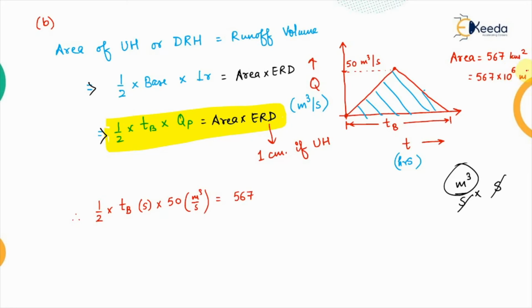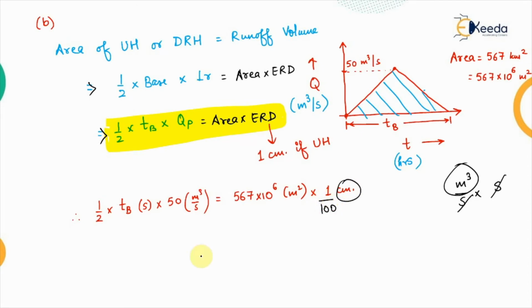That is equal to 567 into 10 raised to the power 6 square meter. So placing that value here in square meter into the unit hydrograph, we will have the effective rainfall depth as 1 centimeter. So it has to be converted into meter so that we get all the values in that sense only. So to convert this centimeter into meter, we have to divide it by 100.